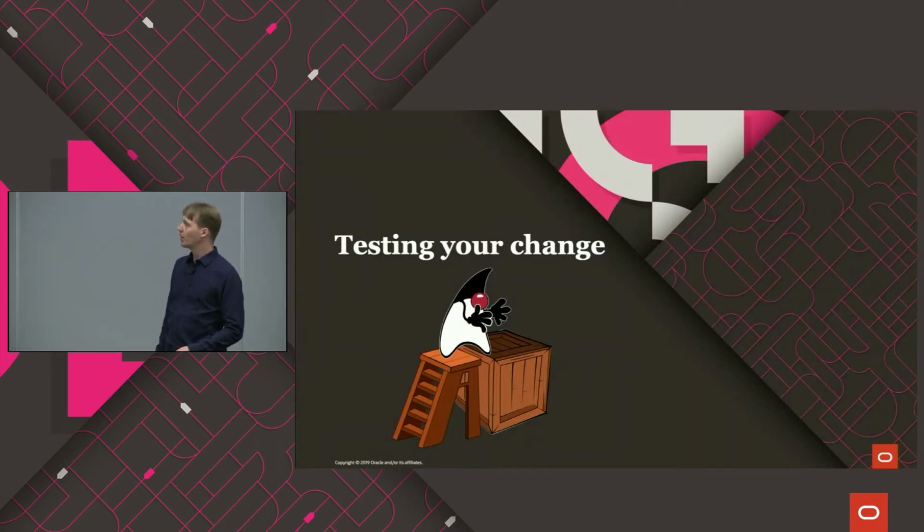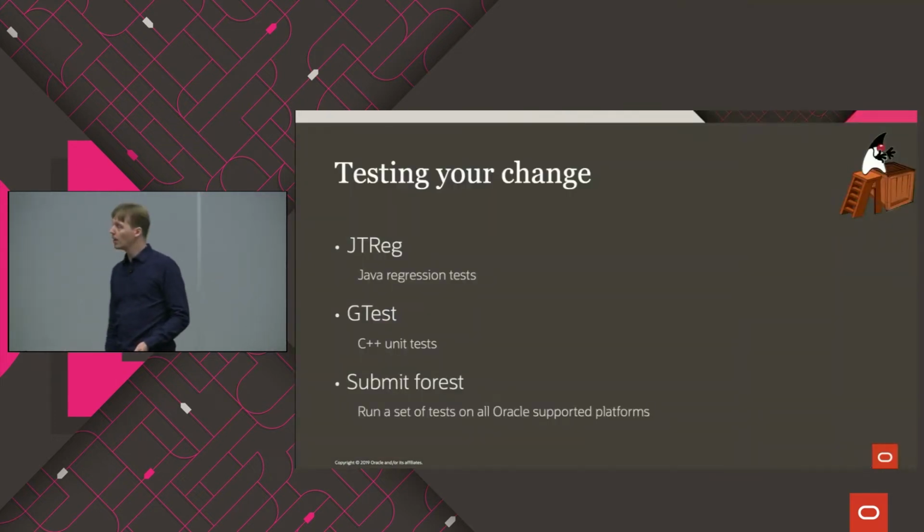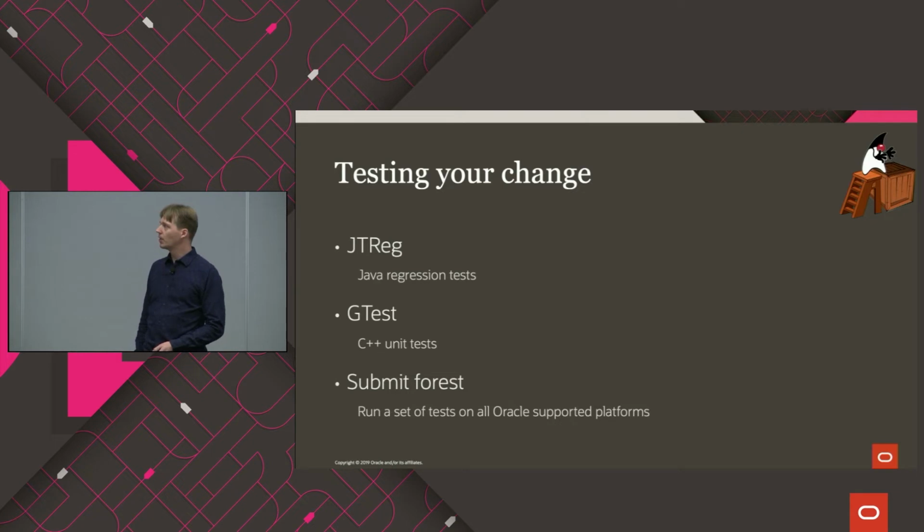OK, so once we have built it, of course, we need to test it as well. Some changes might actually be enough to build the code to see that it worked, if you do refactoring, for instance. But most often, you will actually need to run some tests to see that the code works when you execute it as well. The OpenJDK project provides two different test frameworks that you can use for these reasons. jtreg is for Java regression tests, and it's used for, well, at least most of the testing that is provided.